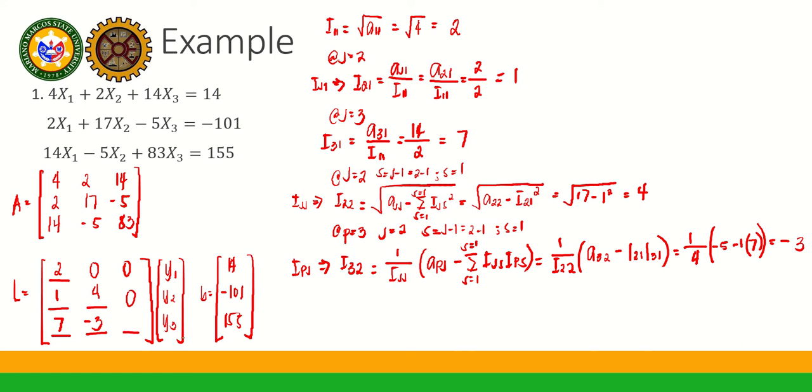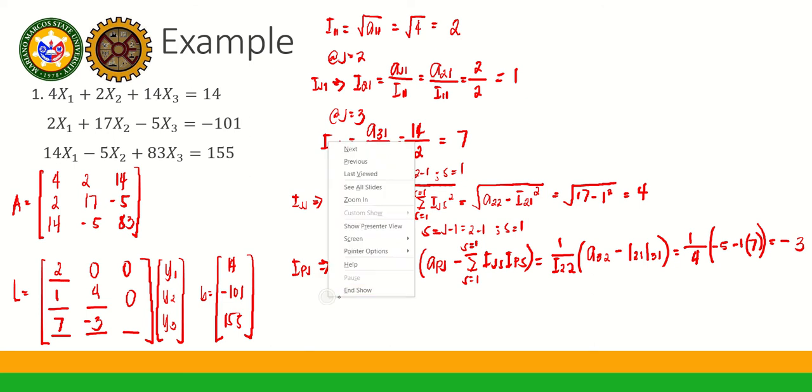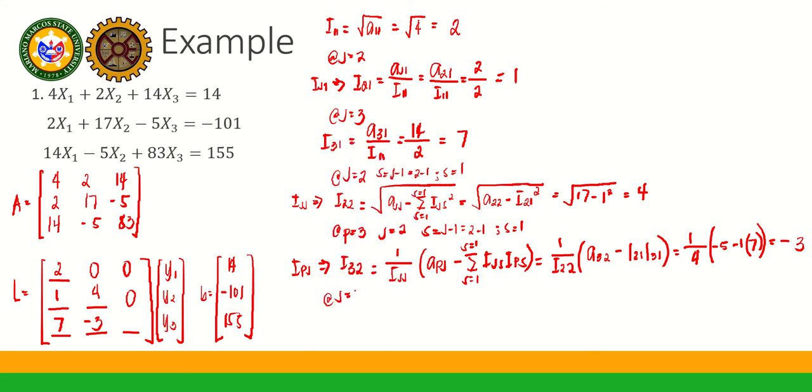Okay, so we now have solved for I32. And the last one we should solve is I33. So, same, I33 and j equal to 3. So, from IJJ again. So, I33 is equal to the square root of A33 minus, we'll just base it on the formula we used earlier.